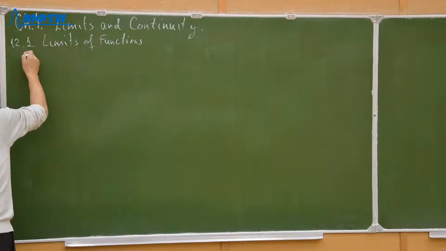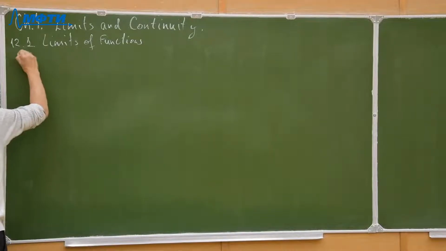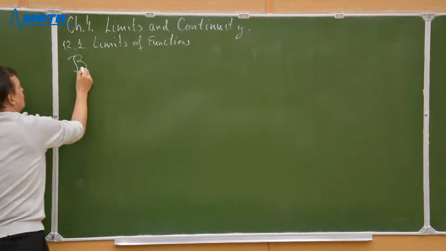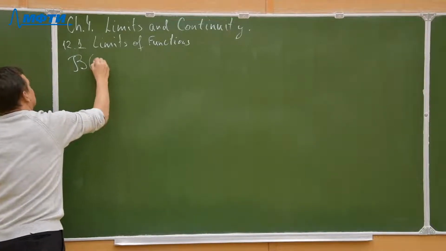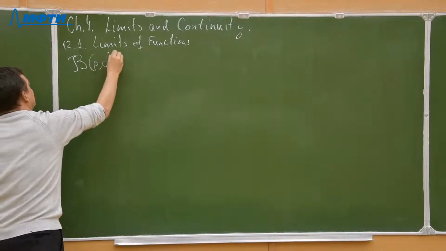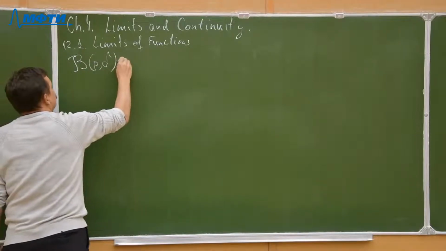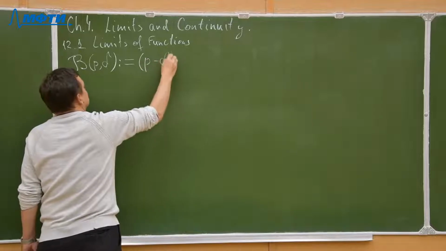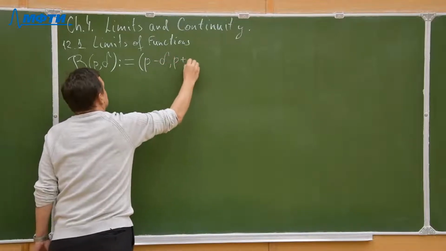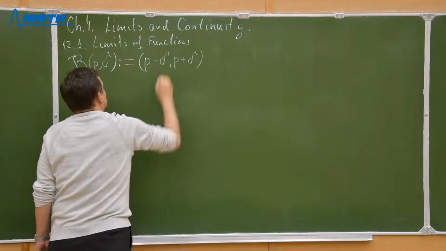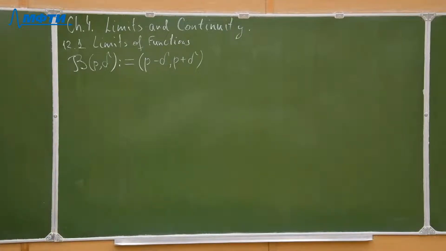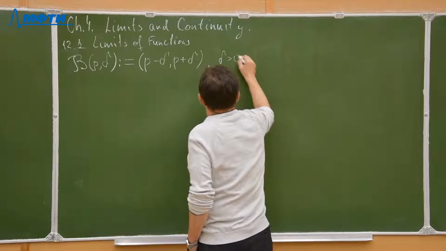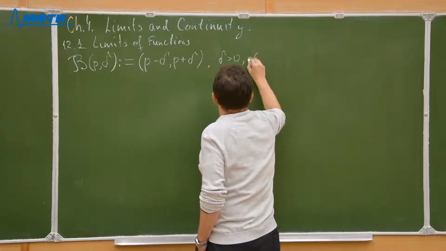So B(P, delta) is by definition the following interval, for delta positive and P a real number.